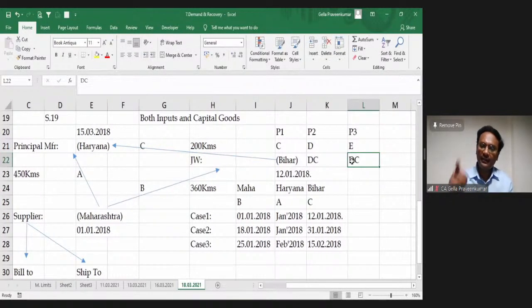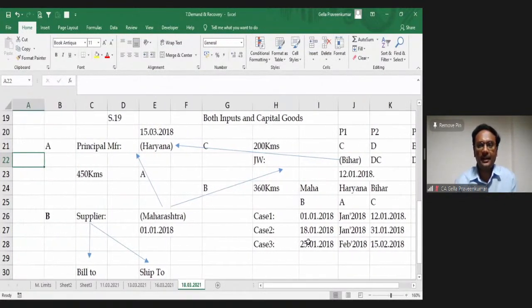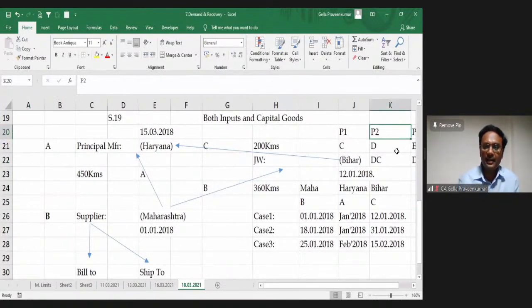And E, after the job work, raises an invoice on A. Let me reduce the size a little bit.